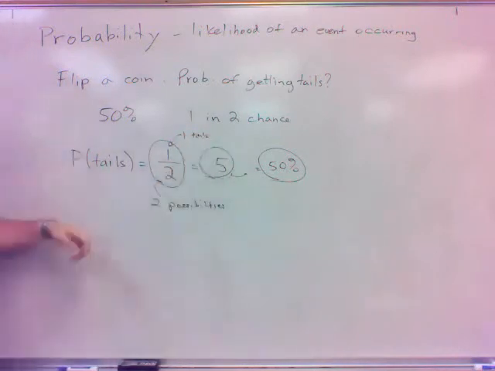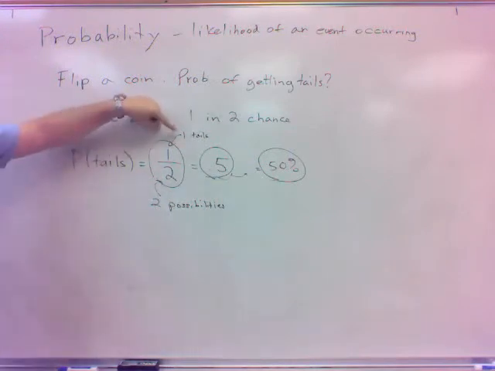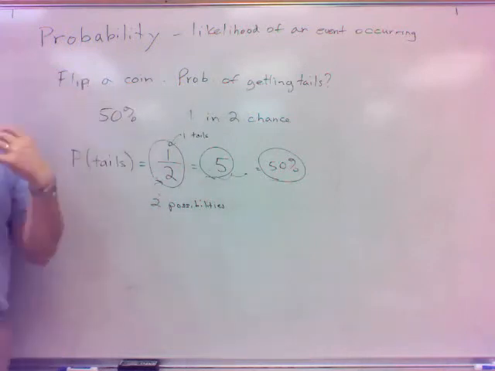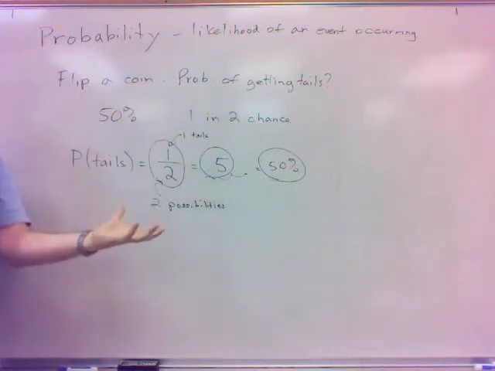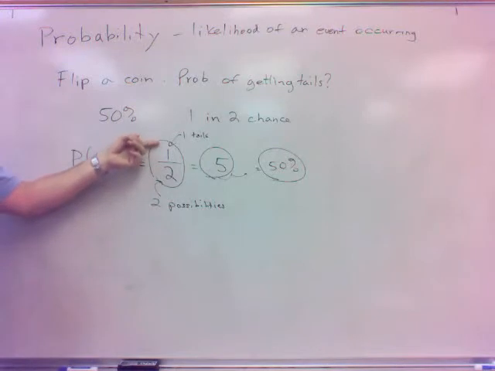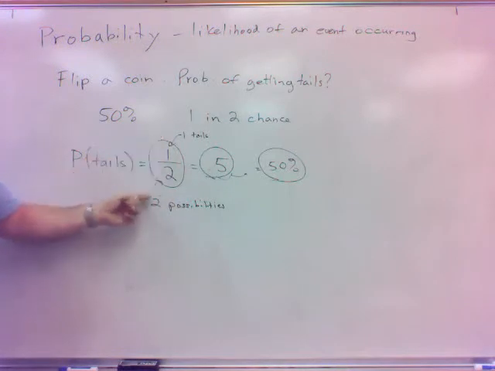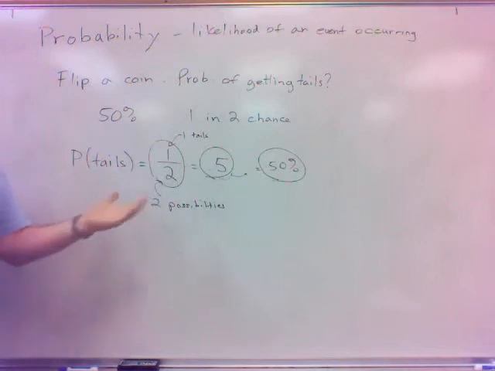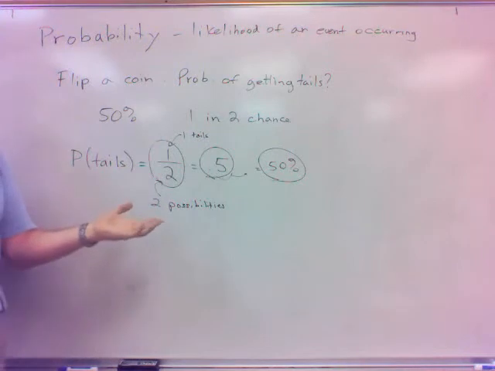Okay, so that's basically the definition, if you want a definition of probability. What you do is you take the tails here, we could say it's the successes. In this case, the heads is the one that is not the success, but the 1 tails is the number of successes or favorable outcomes, and then the 2 possibilities, that's the number of total possibilities there are.